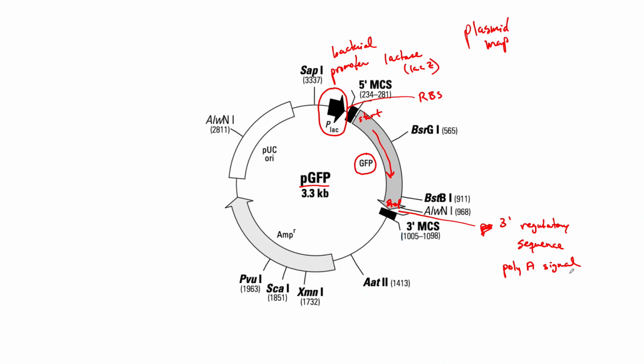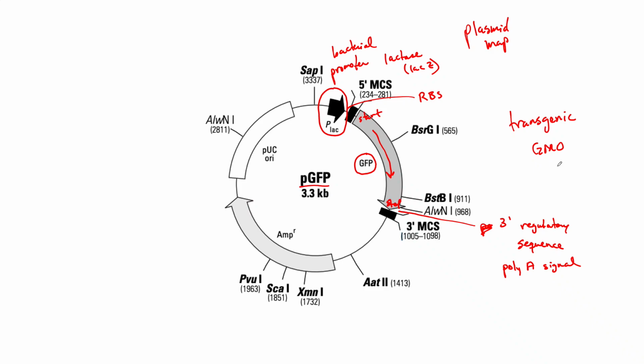Where does GFP come from? Remember, it comes from jellyfish. So if we put this into bacteria, we are creating what we'd call a transgenic organism, or a genetically modified organism. Another way you could say it is we are putting recombinant DNA into a bacterium.